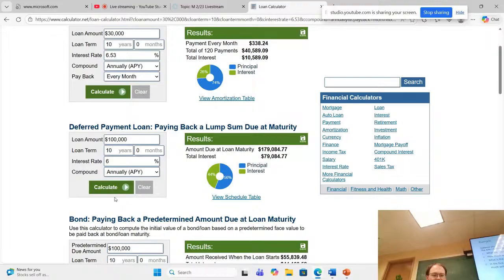Hit the calculate button. You will pay $338.24 a month, giving them $10,589.09 more in interest, giving them a total of $40,589.09 across the 10 years.